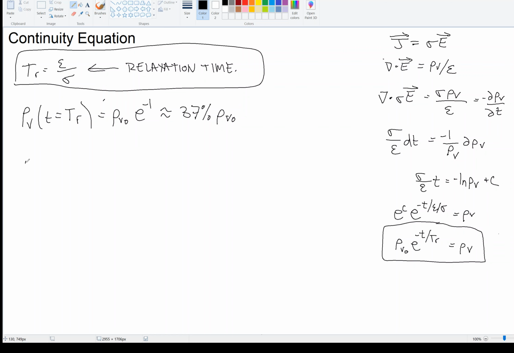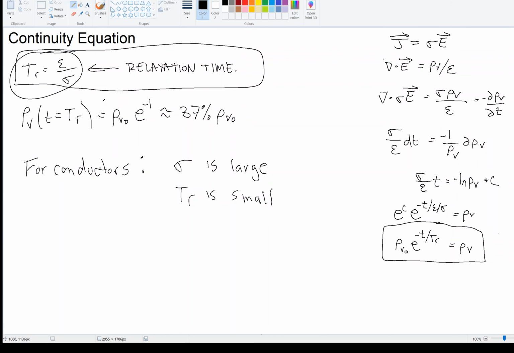Conductors have large conductivity, right? So what does that mean about the relaxation time? Well, if sigma is large, the denominator is large, that means Tr is small.